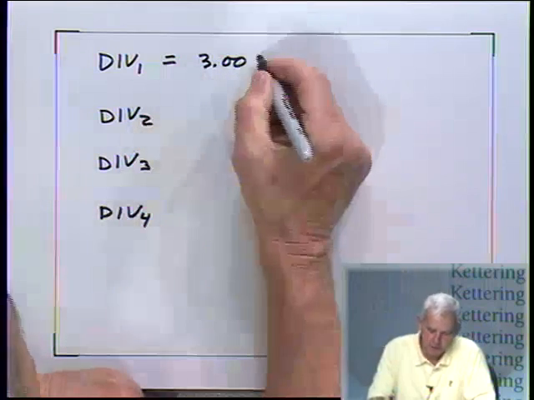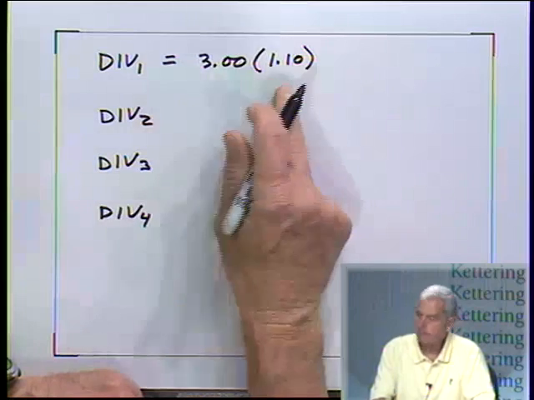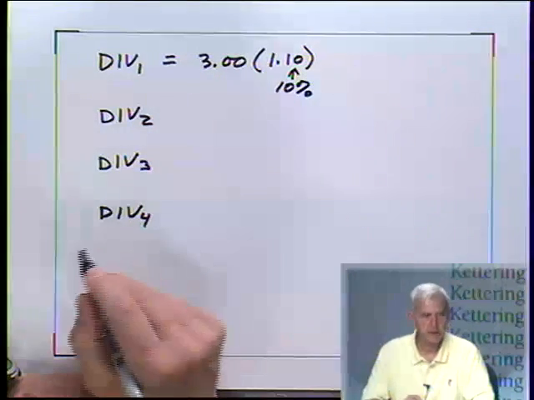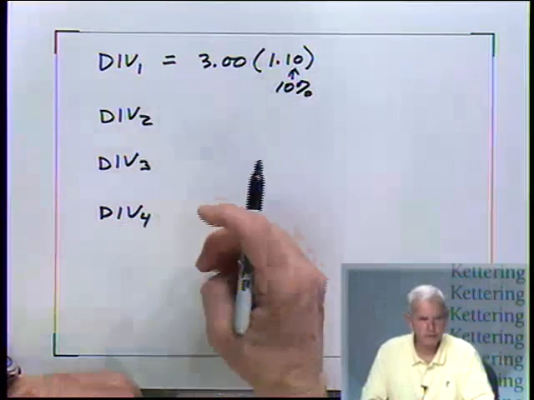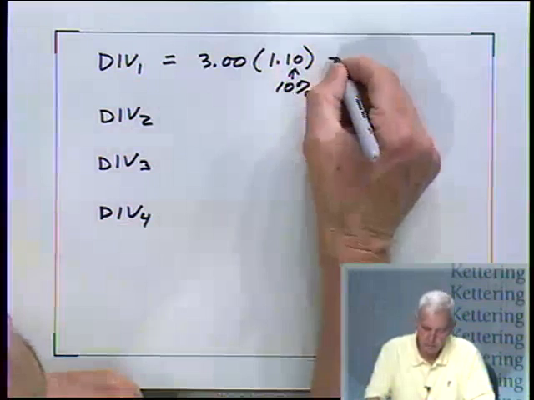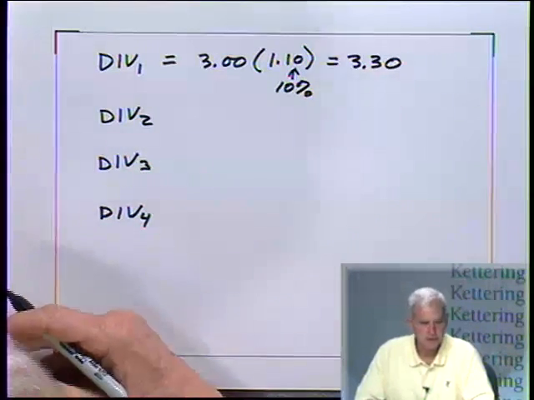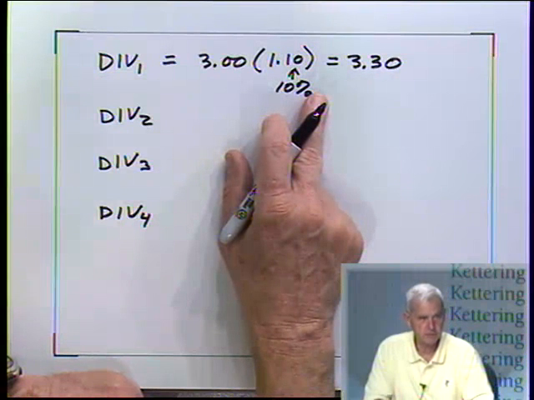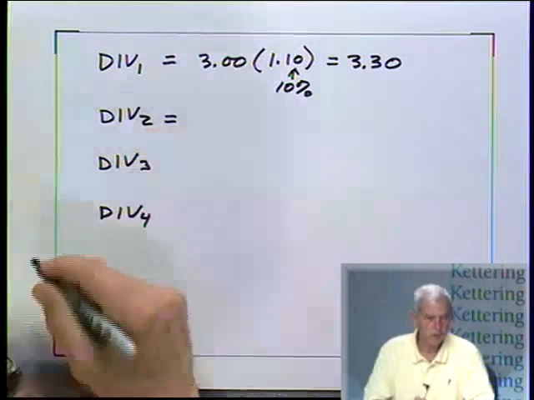Well, the way we do that is we multiply by 1.10, and that's the 10%. 1 plus whatever rate it's growing, so it's 1.10. So that means the dividend has gone up to $3.30. So 1 year from now, I'm going to get a dividend of $3.30. What kind of dividend will I get 2 years from today?